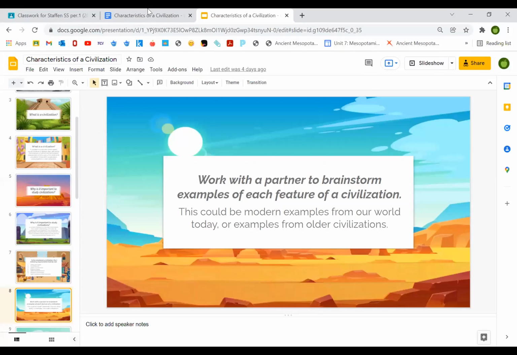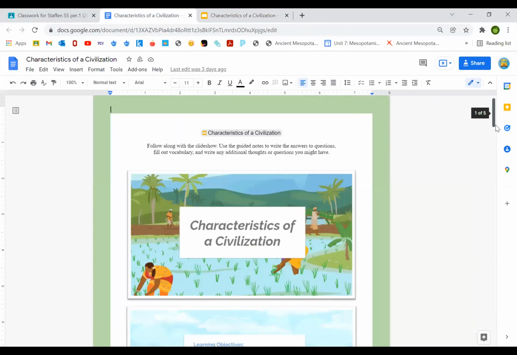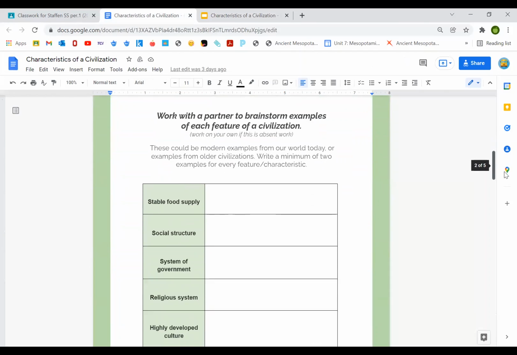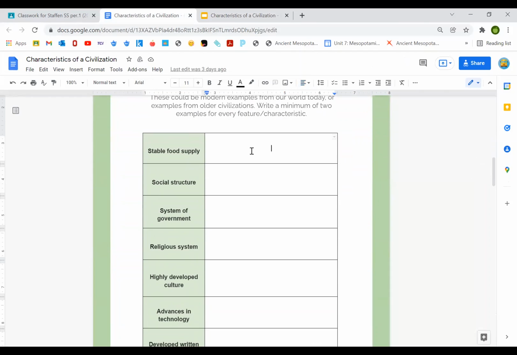So you're going to go here, your guided notes, and just jot down some examples. So examples of a stable food supply. So fishing, farmers markets, herding cattle.